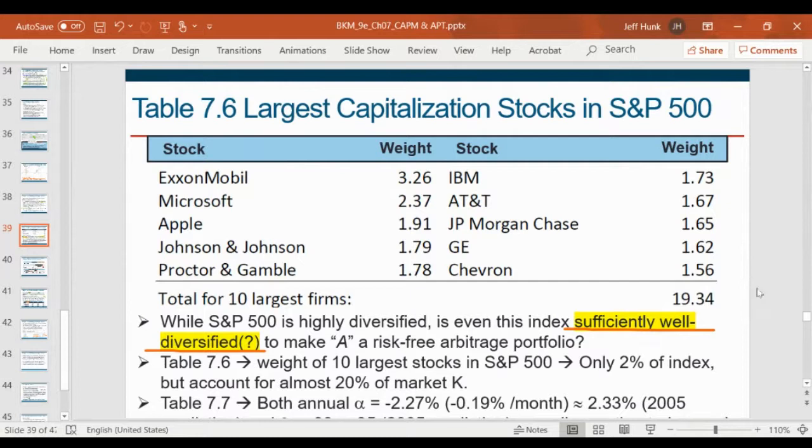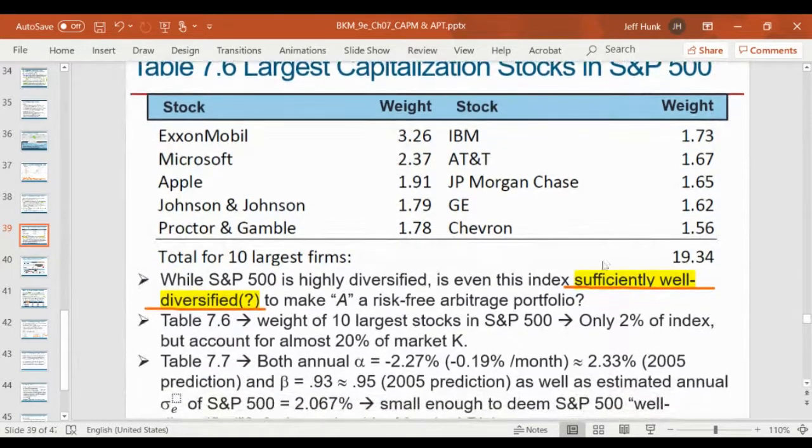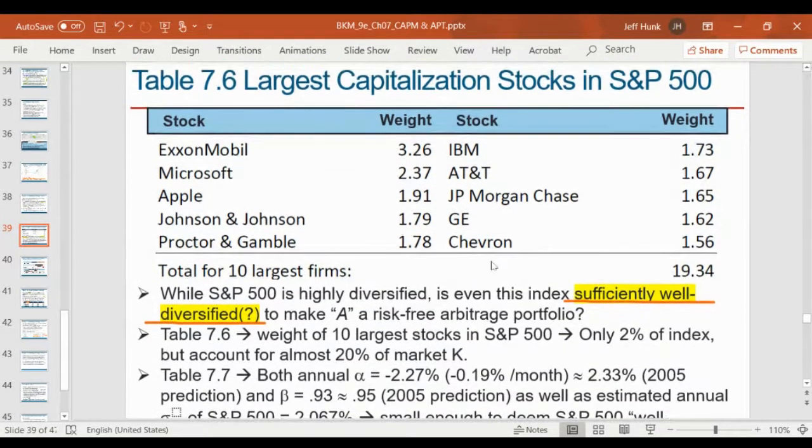Why? Although there are 500 companies in the S&P 500, the 10 largest firms are 10 out of 500 companies. So in terms of head count, it's only 2% of the index.